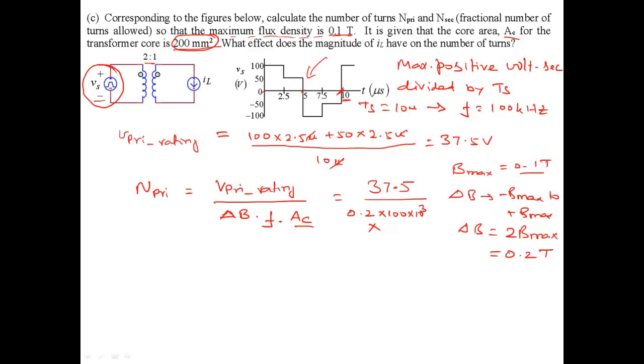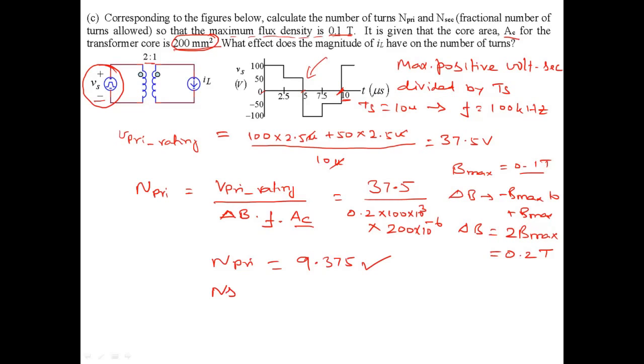Converting that to meters squared will be 200 times 10 to the minus 6. If you solve that, N primary equals 9.375. You can leave it as it is. You don't need to round it up. If you round it up, it's okay to call it N primary equals 10 turns, and then N secondary should be appropriately calculated.